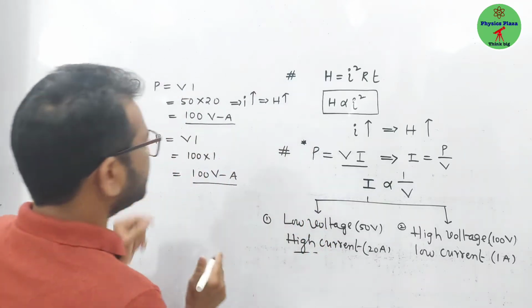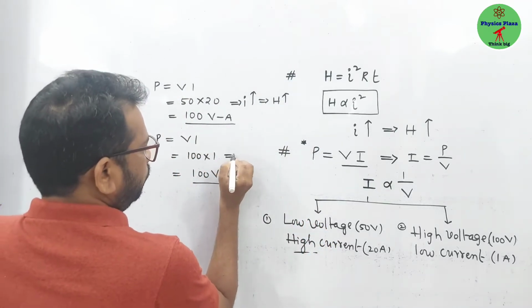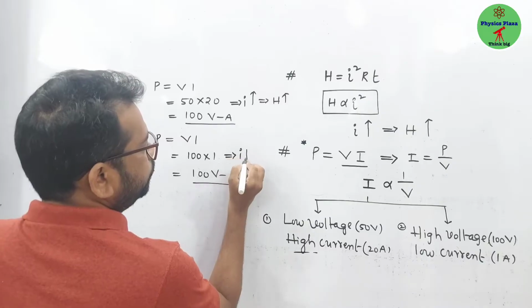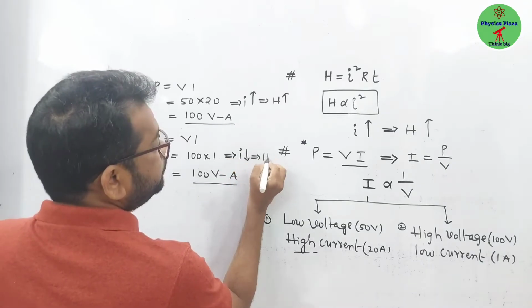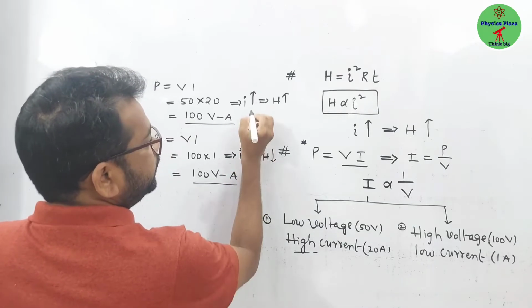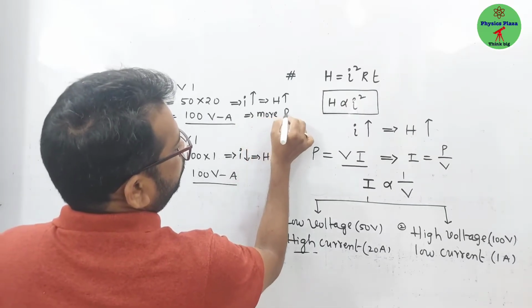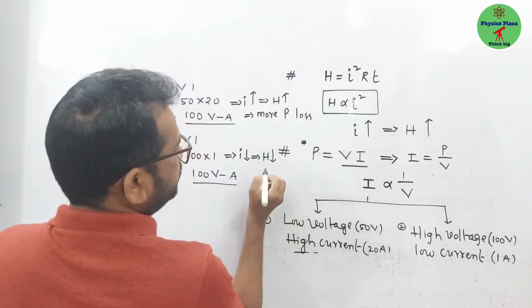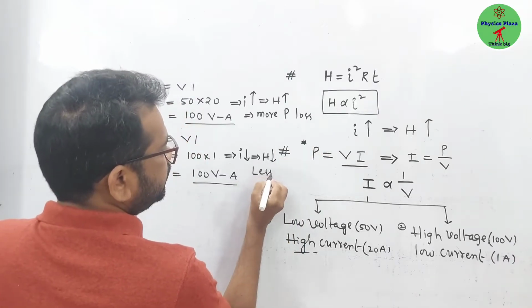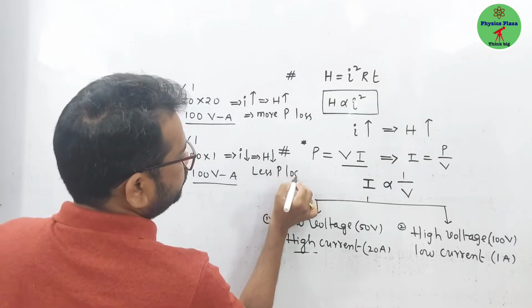Okay, fine. Whereas in the second method, as current is low, heat produced will be low. So here more power loss, here less power loss. Try to understand.